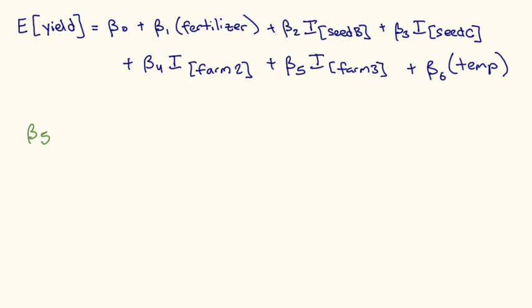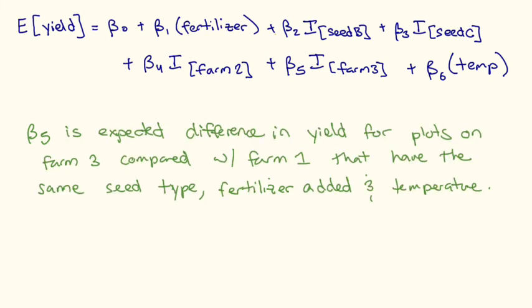But our baseline, remember, is seed A and farm 1. So that's what that beta 5 is comparing to. So it's the expected difference in yield for plots on farm 3 compared with farm 1 that have the same seed type, right? Because if I have the same seed type, then those things would go away. Fertilizer added and temperature.